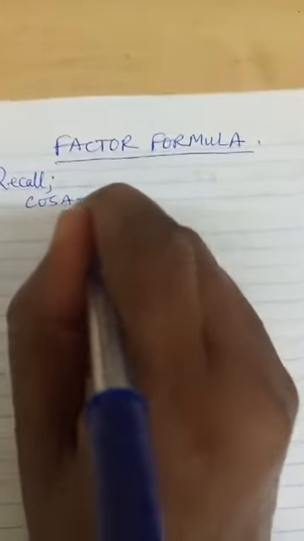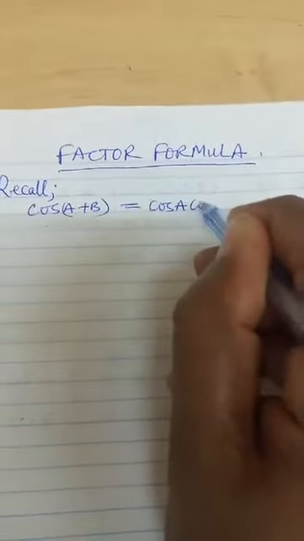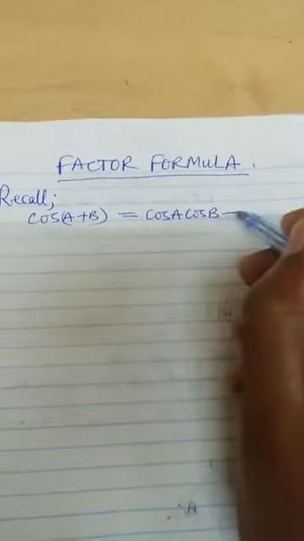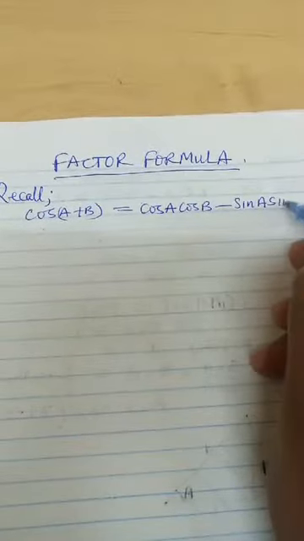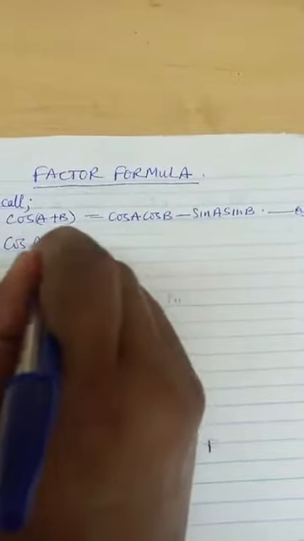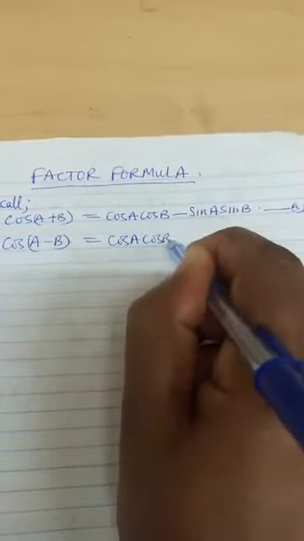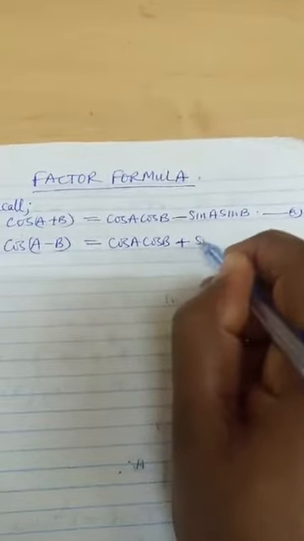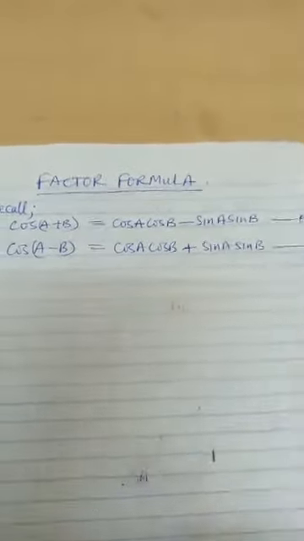We shall start with cos of A plus B. The cos of A plus B is cos A cos B, and if it is a cos expansion and we have a plus, it becomes a minus: minus sin A sin B. You can call that equation A. The cos of A minus B will give us again cos A cos B, this time plus sin A sin B, and this will be equation B.